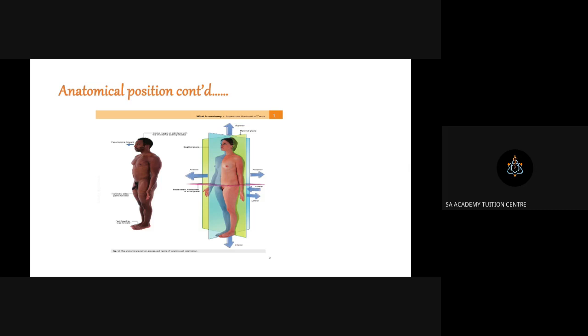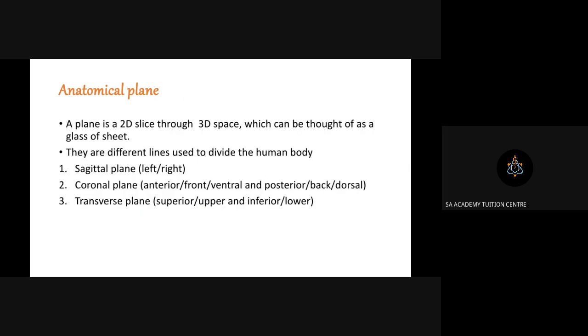The transverse plane is also called the horizontal or the axial plane. Superior versus inferior describe structures in reference to the vertical axis of the body.